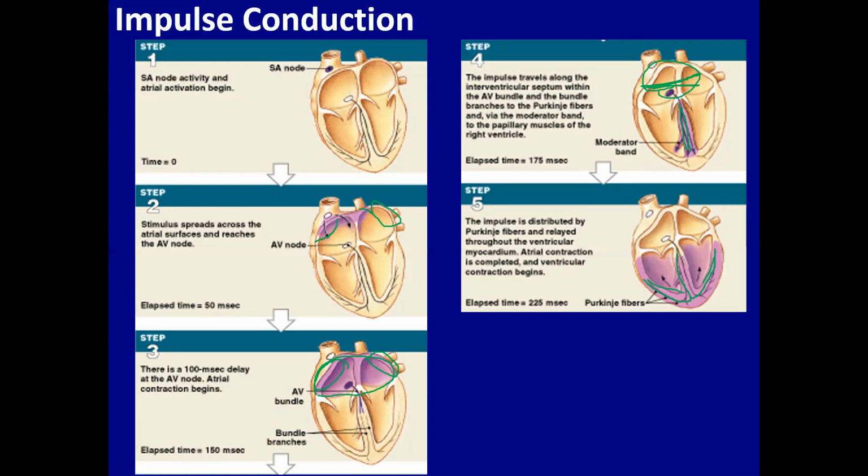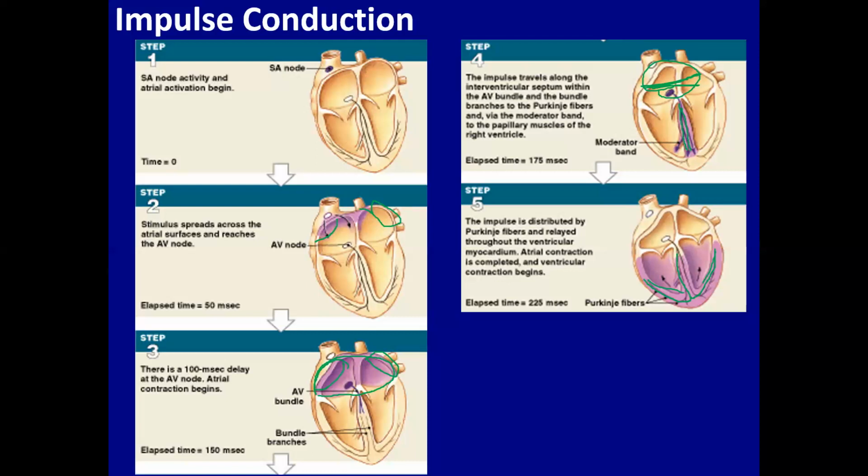The SA node receives an impulse, and once that happens, the stimulus is going to spread across all of those atrial surfaces, and once it reaches the AV node, which is AV, atrioventricular, it is in the atrium, but it is the AV node.